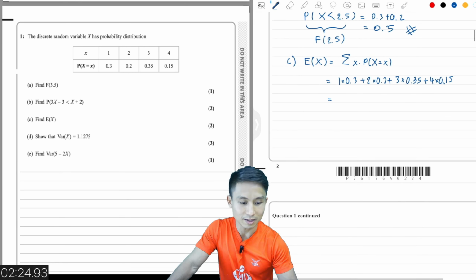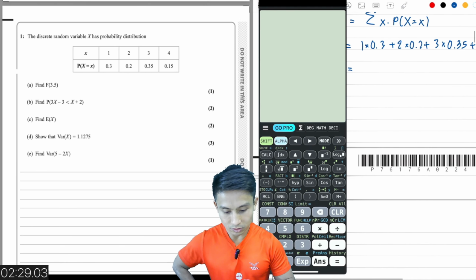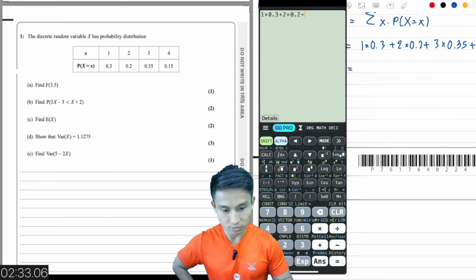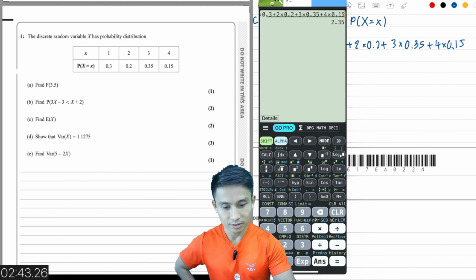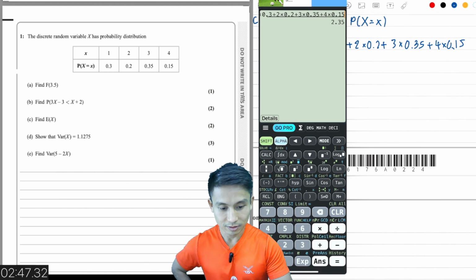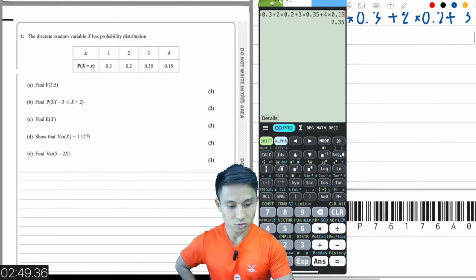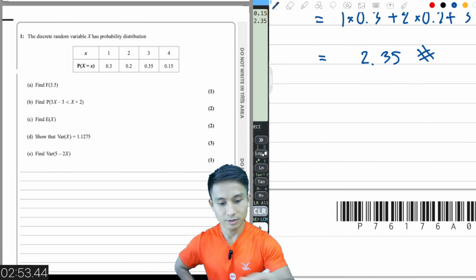That's the working line, but I'm just going to use a calculator. Double checking everything, if we plug in everything correctly here, that's 2.35, the expected value, so that's fine.